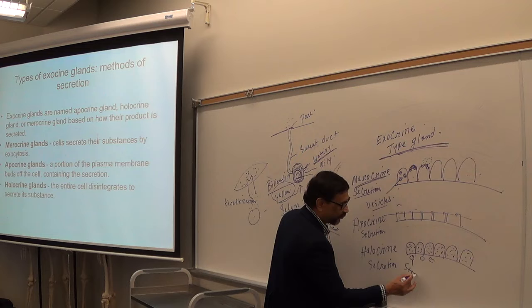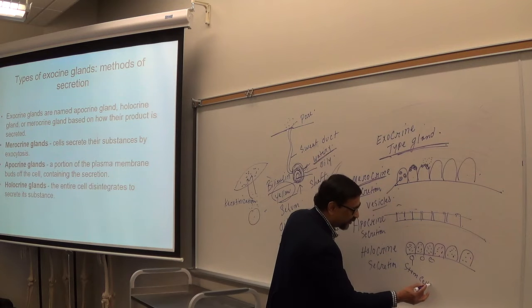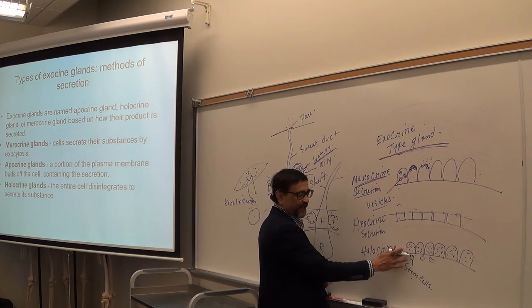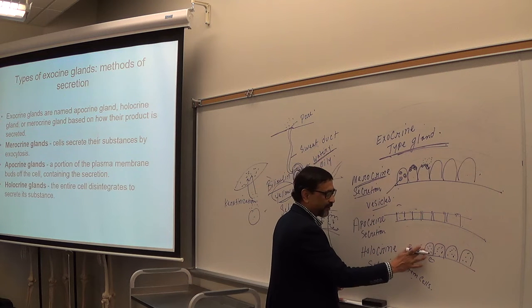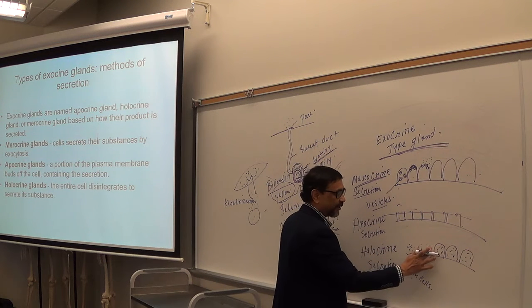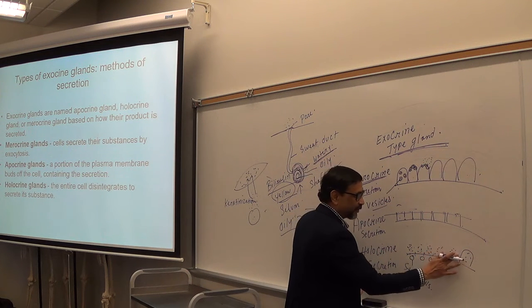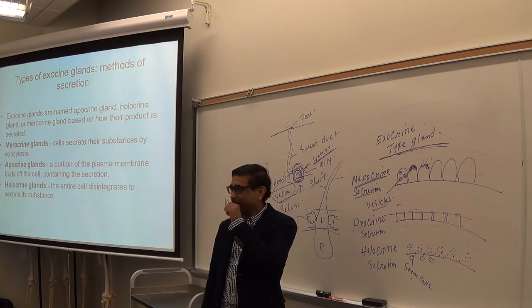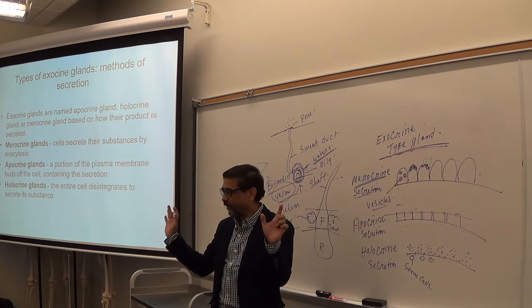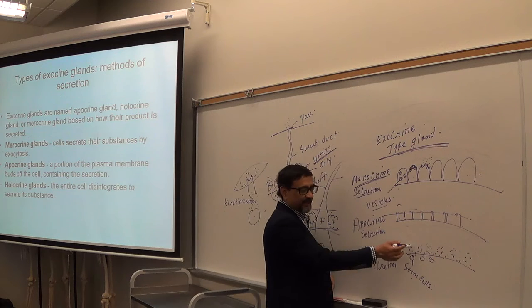So what happens when secretion occurs? The entire cell is destroyed completely. So complete death of these cells occurs. Make sense? Completely destroyed, and the chemicals are released.